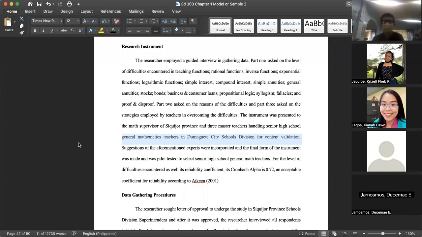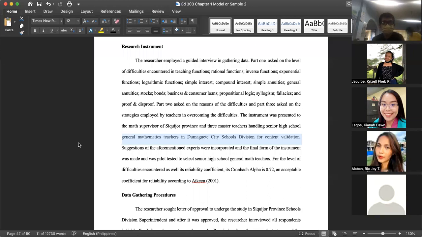Okay, perfect. So you have the estimate on how long it will take in answering the research instrument. Because normally, when you ask permission to administer the questionnaire, the principal or the supervisor would ask how long it will take.